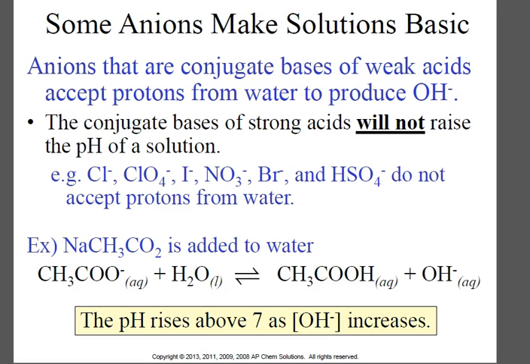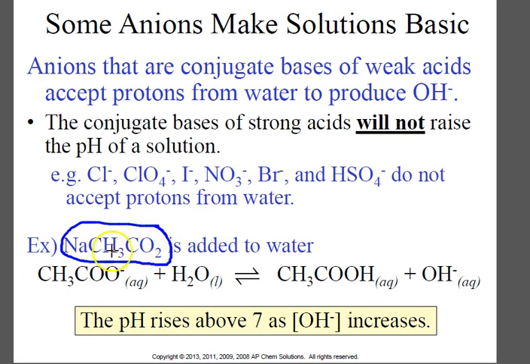What about things that make the solution basic? If you have an anion that's a conjugate of a weak acid, it could accept a proton to produce hydroxide. For example, let's look down here at sodium acetate, CH3CO2.